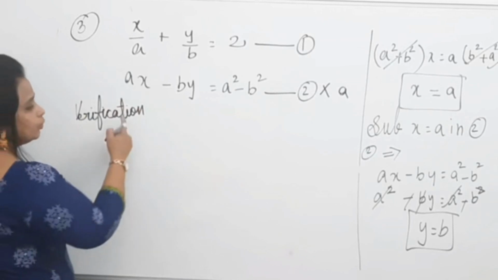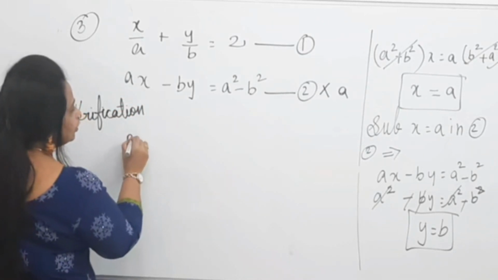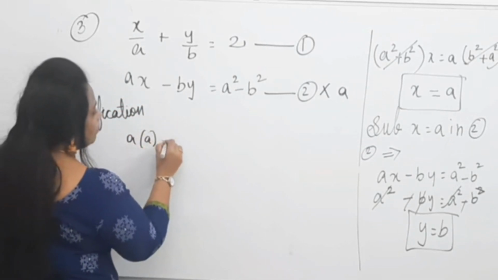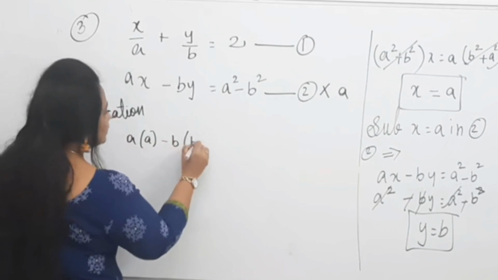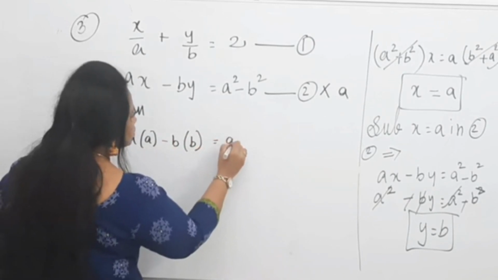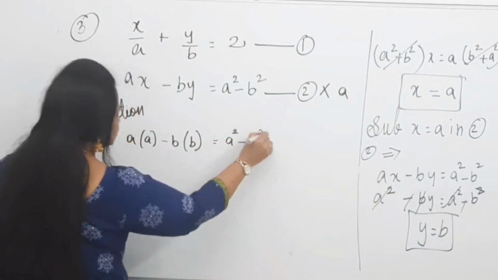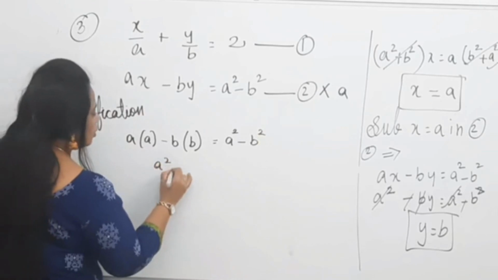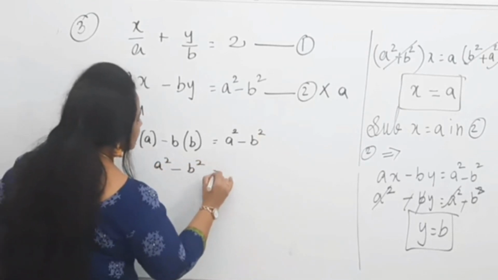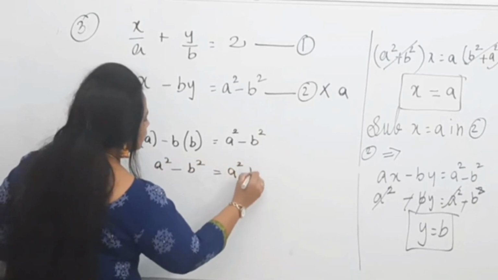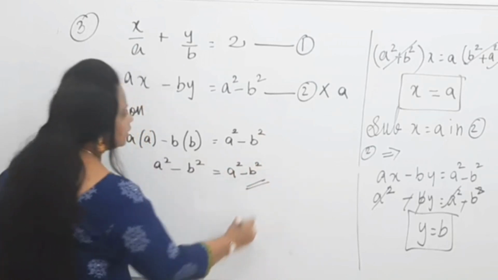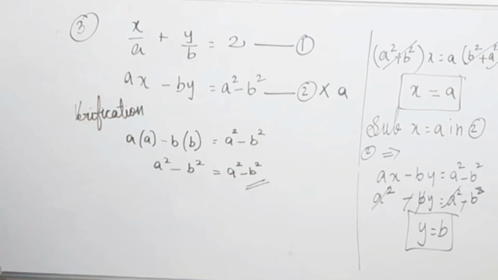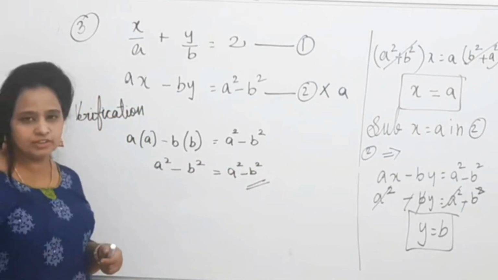So, a into x is again a, minus b into y is again b, which I should get as a square minus b square. You get your product a square minus b square, which is equal to a square minus b square. That's my answer. LHS is equal to RHS.